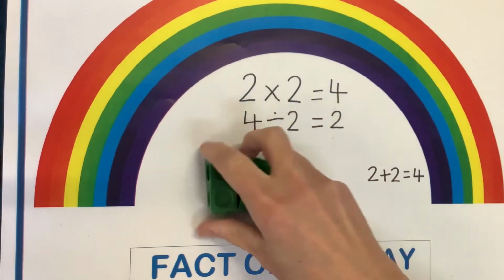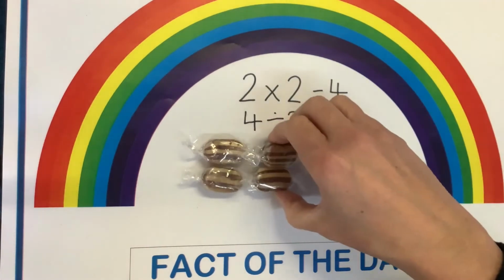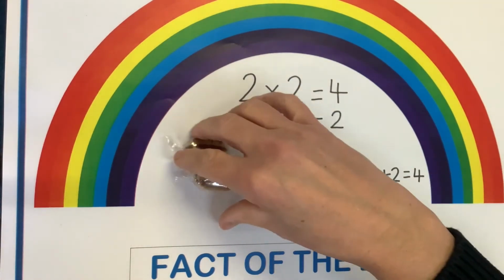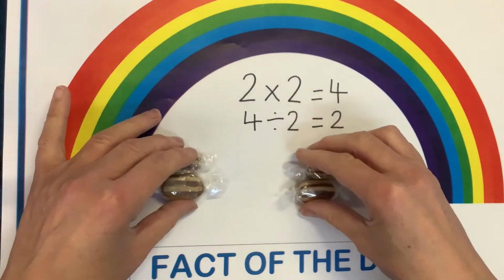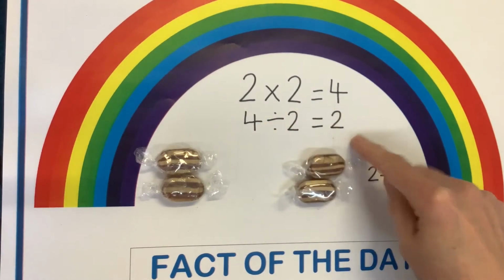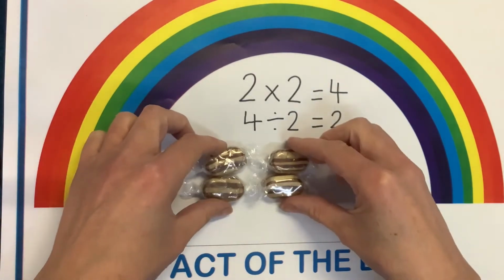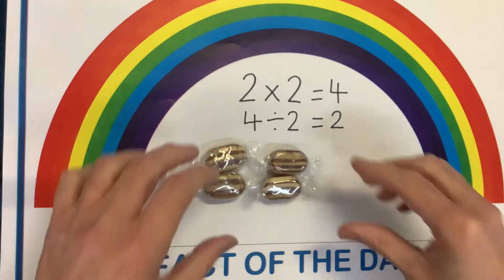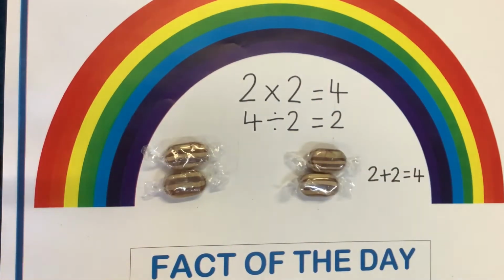So for example, if I have 4 sweets and me and Mrs. Davies are in the classroom and want to share them fairly into 2 groups so that we get the same, 4 shared between 2 is 2. It's kind of doing the same thing backwards. So if I get two groups of two, put them together, I get four. If I've got four and split them into two groups, I get two, and that's what it means.